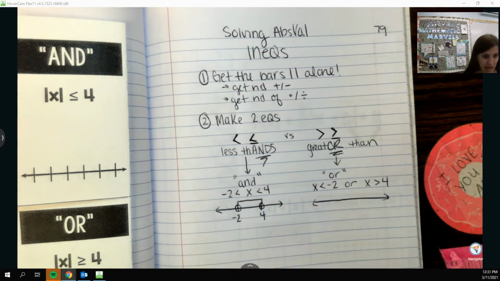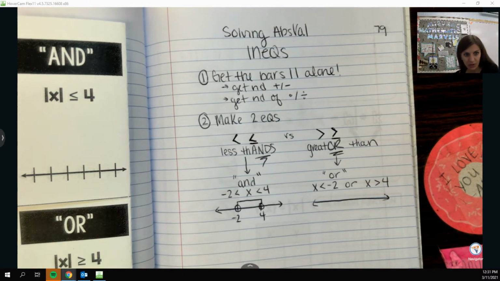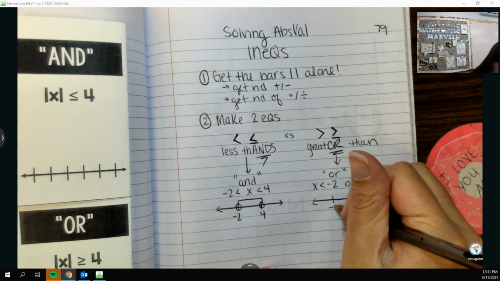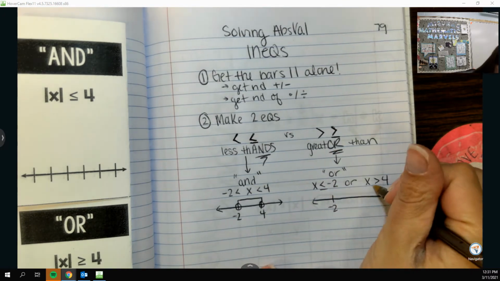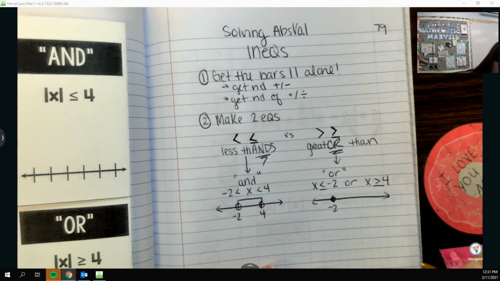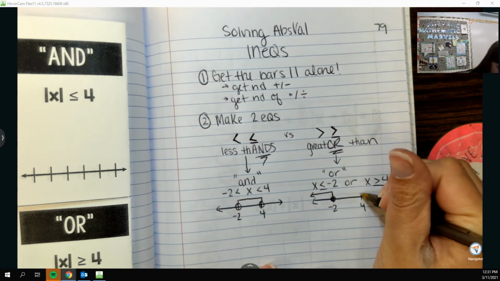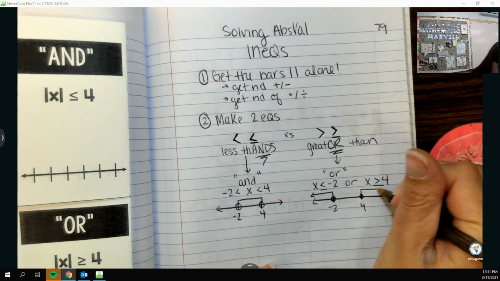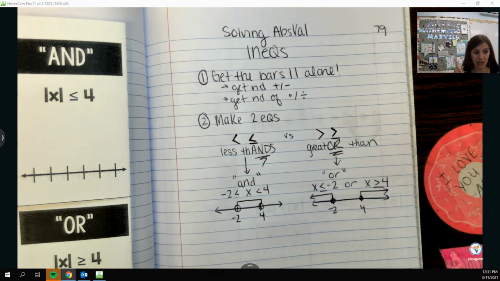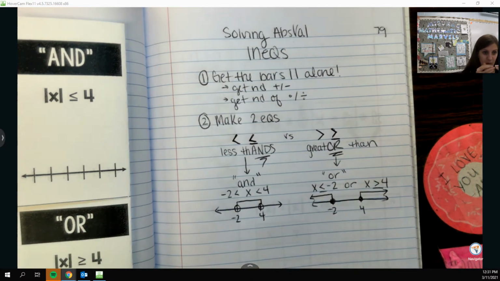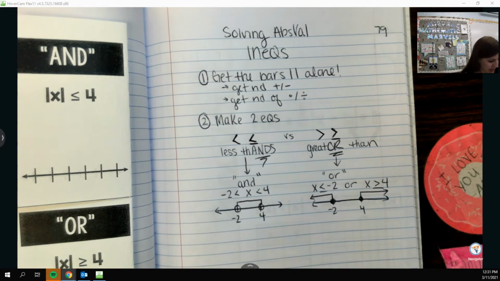Because those are kind of going in opposite directions. Being less than -2 or being greater than 4 are going opposite ways. So we got -2. Oh, let's do an equal sign just for funsies, because then we got closed circles. Less than is this way. We got our 4, closed circle, and greater than is that way. So the or inequalities always go away. Our and inequalities always come together.